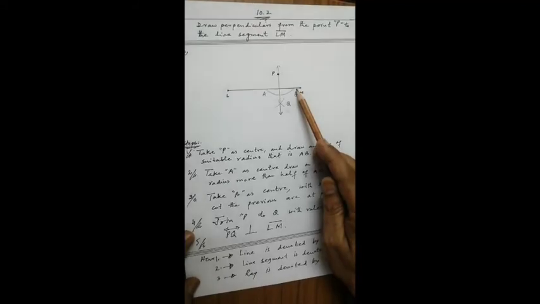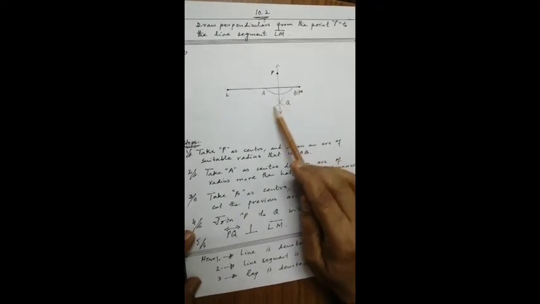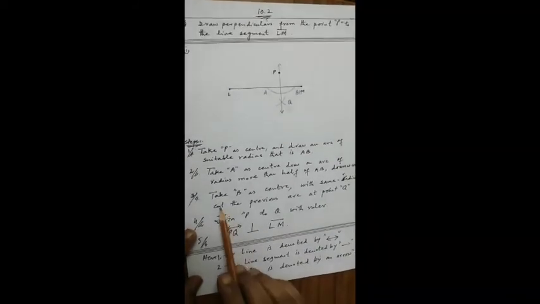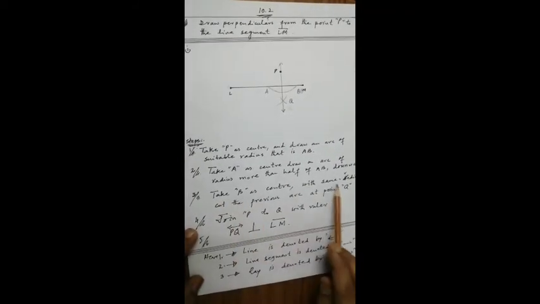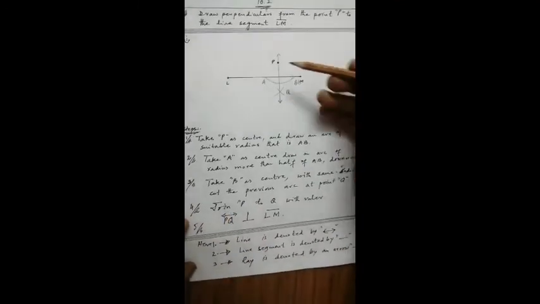First I took A as center and drew the arc downward, and then I took center B with the same radius and cut the previous arc at the point Q. Now join P to Q with the ruler.